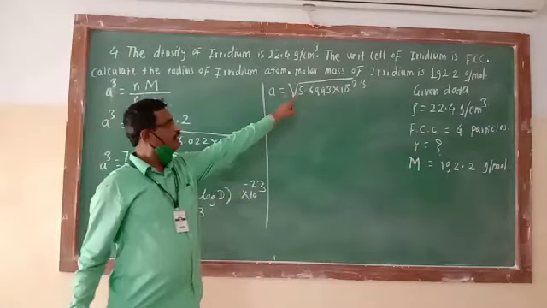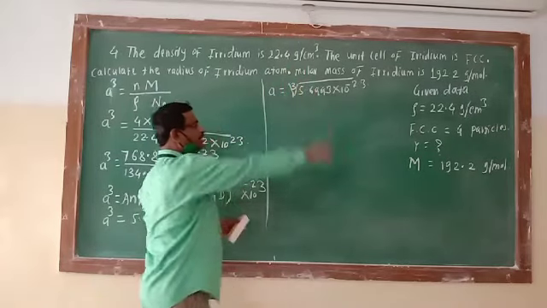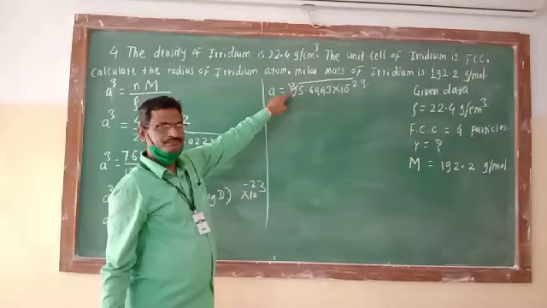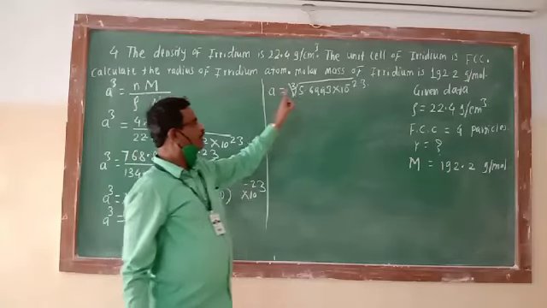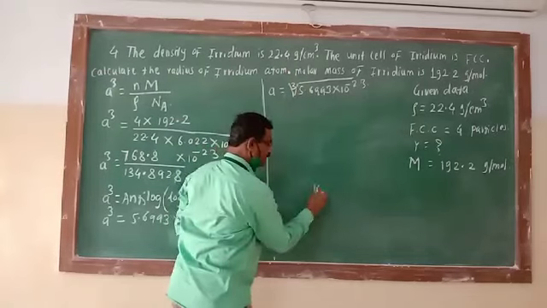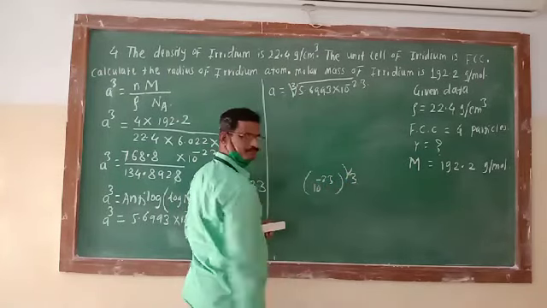Here now a little bit of modification we have to do because this is the cube root. So how to solve this? It is 10 raised to minus 23 raised to 1/3.